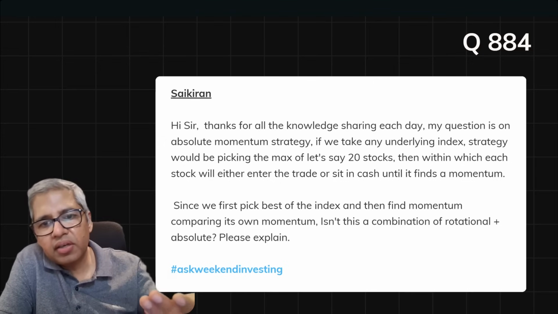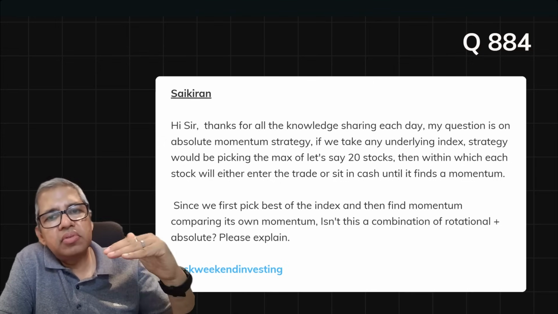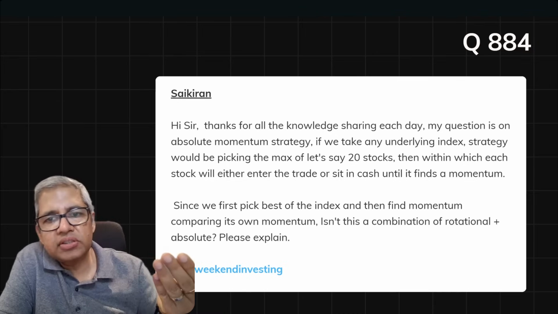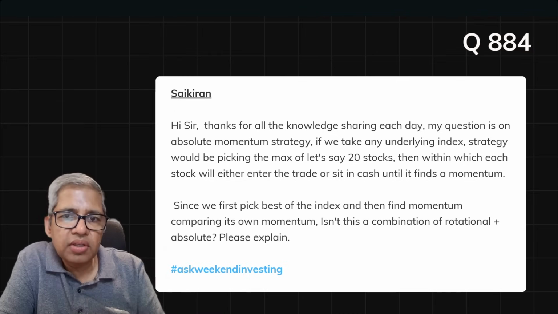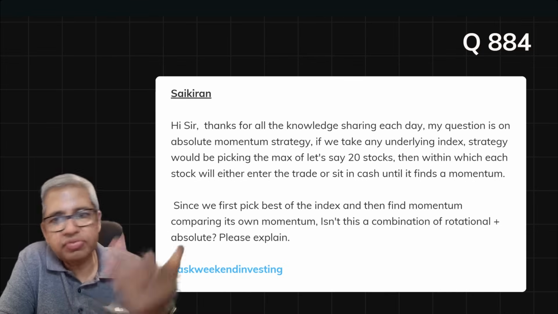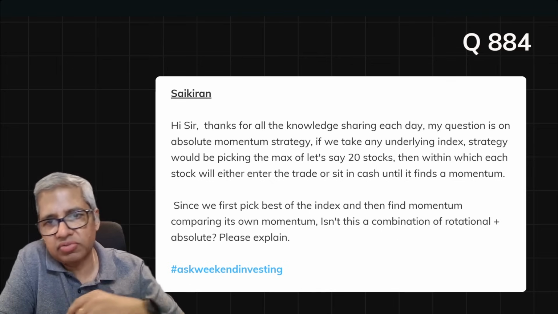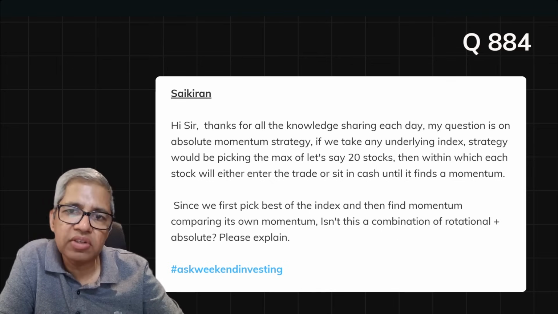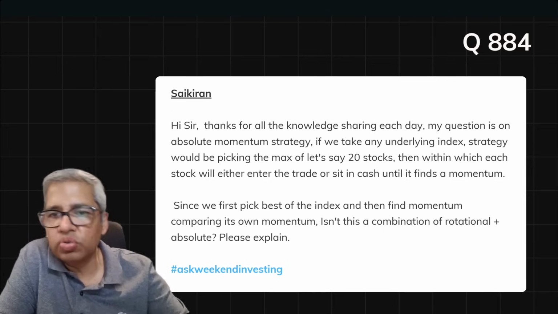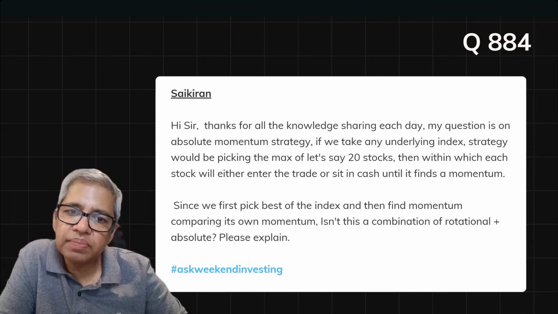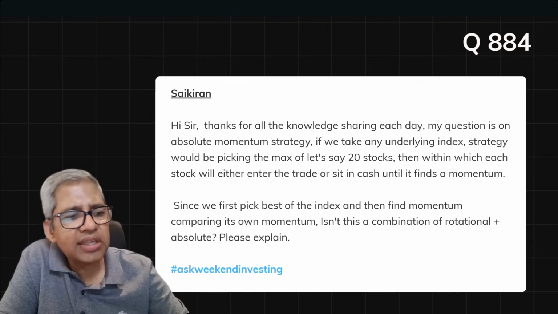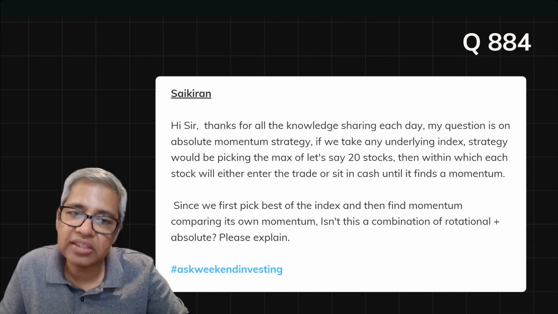But beyond that point, it is the performance of the 20 stocks that is going to get them into the portfolio, and there is no rotation happening there. So if none of the stocks are performing, the strategy sits in cash. If you find 20 stocks are doing very well versus the other 30, you are basically allocated to them. So rotational is not really there in the strictest sense of the word.